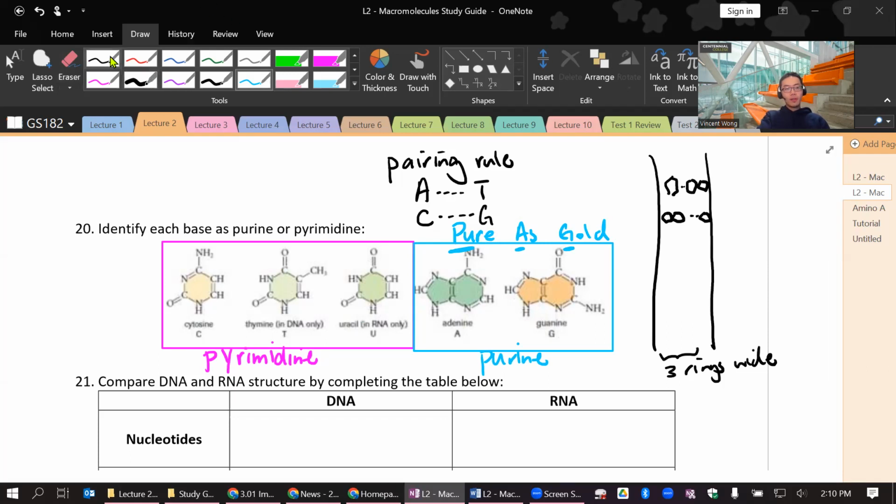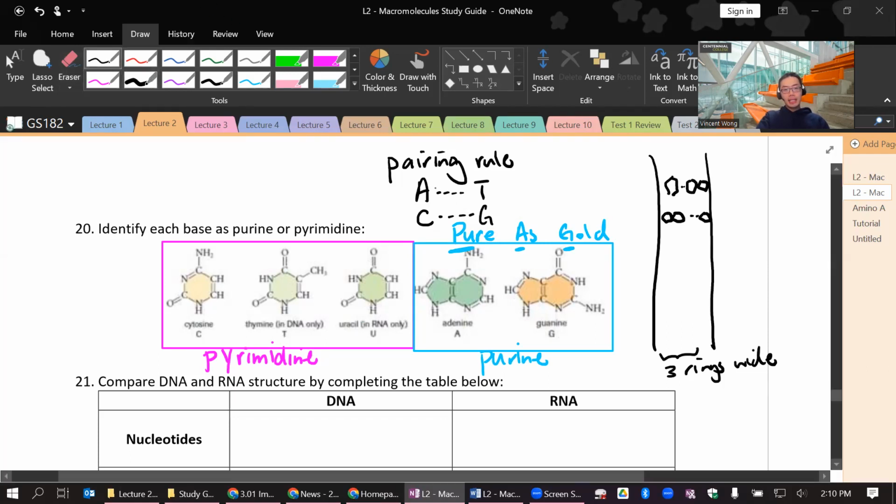It's also worth noting that for A and T, there are 2 hydrogen bonds holding them together. But for C and G, there are 3 hydrogen bonds holding them together.